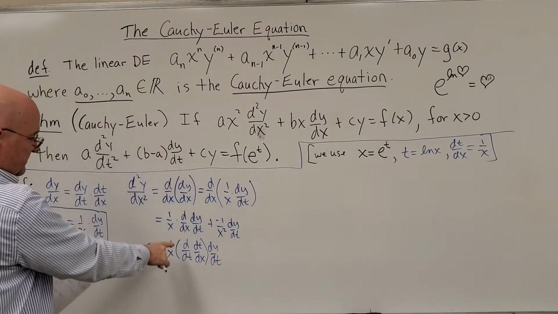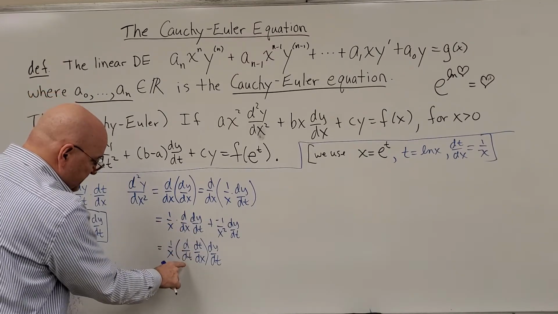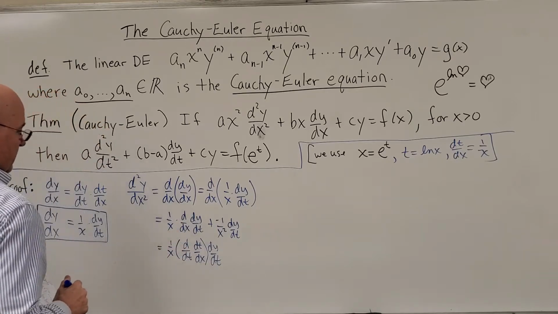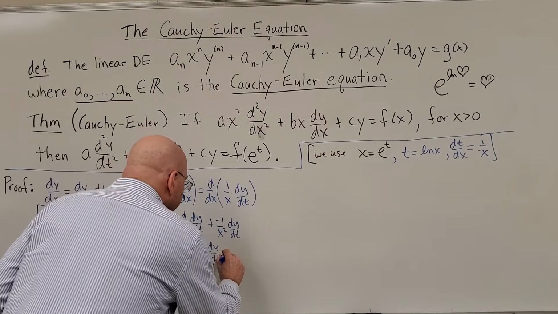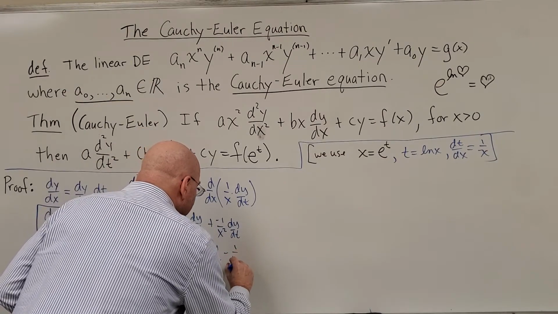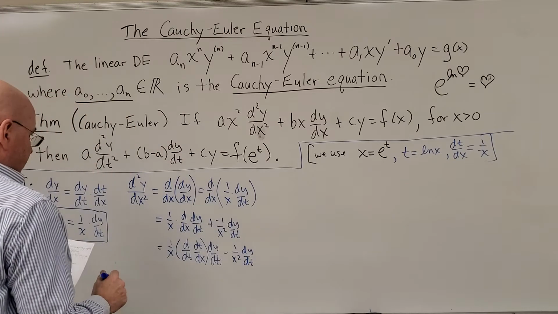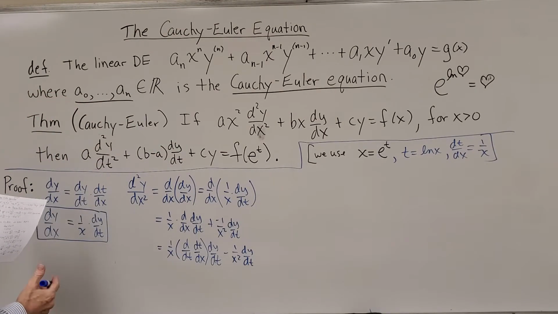So all I did is substitute d/dx as d/dt times dt/dx. So those kind of canceled to give you the d/dx, minus the second term, 1 over x squared dy/dt. I've got 2 more lines to get in, but I don't think I'm going to be able to fit them all down there.